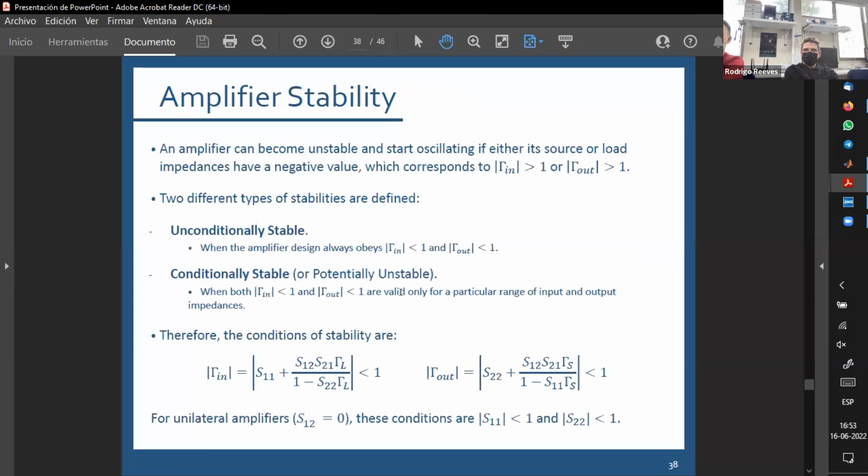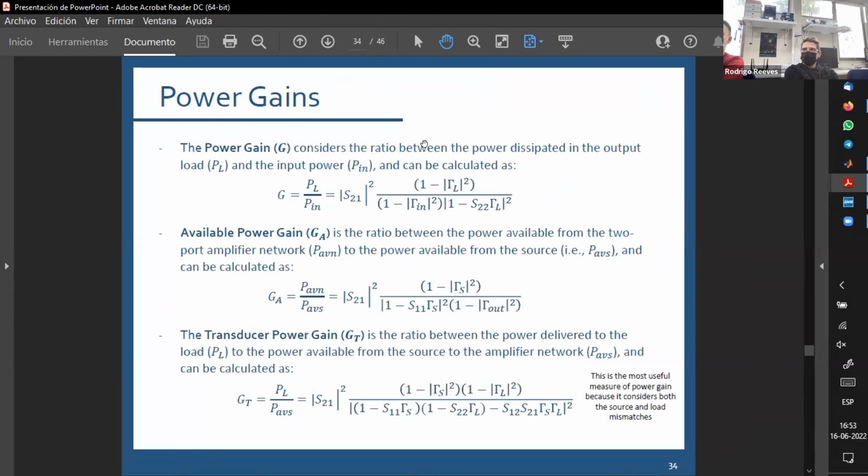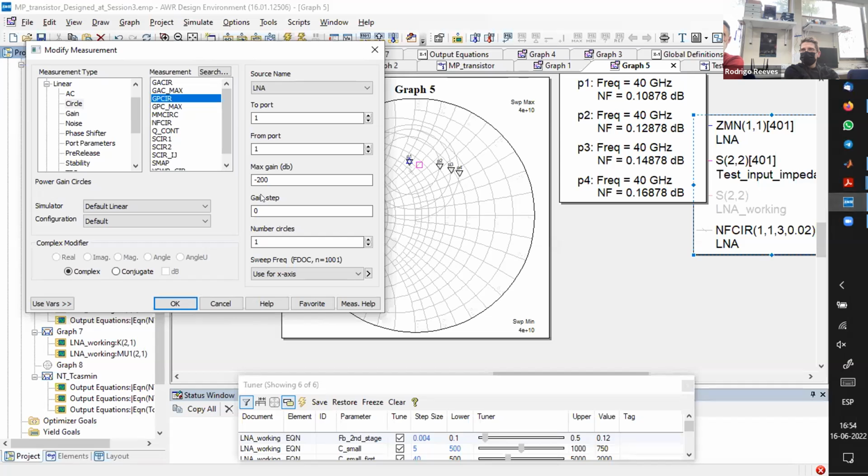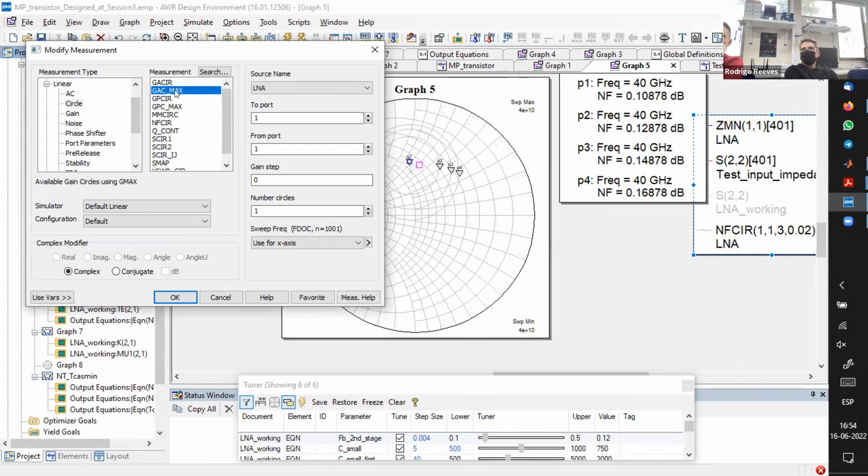We had plenty of very nice formulas. The transducer power gain is the most used one. It's actually the available gain circles.